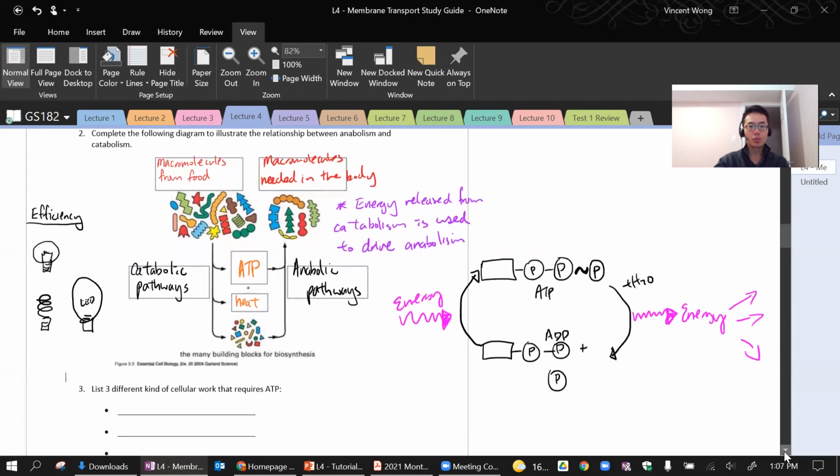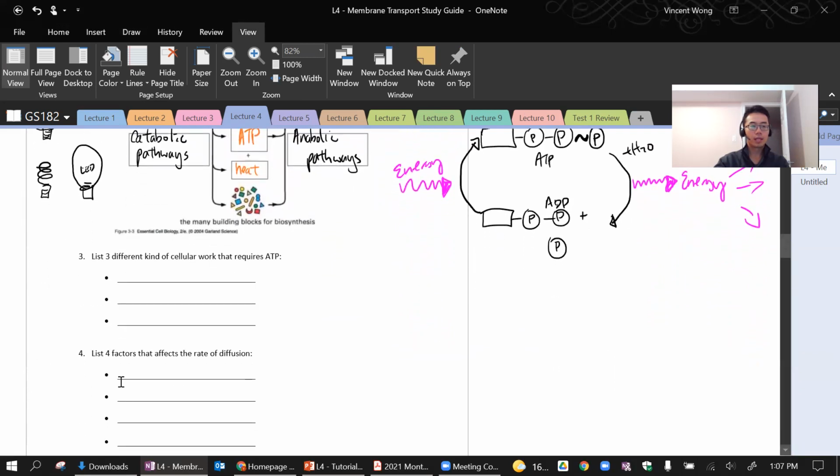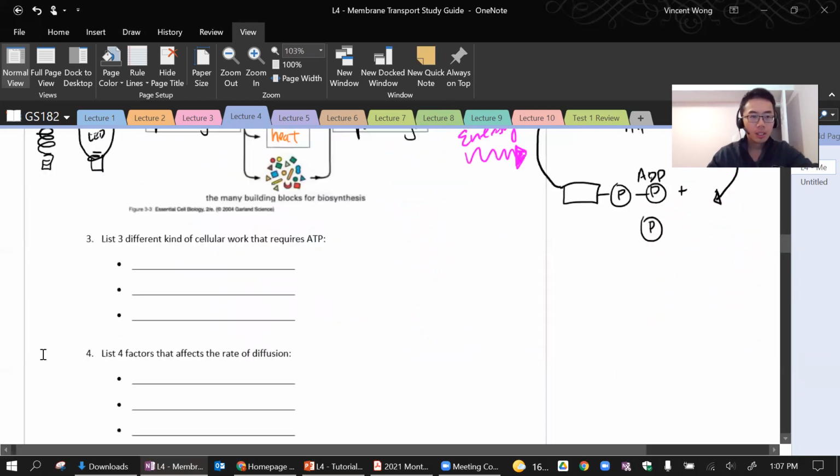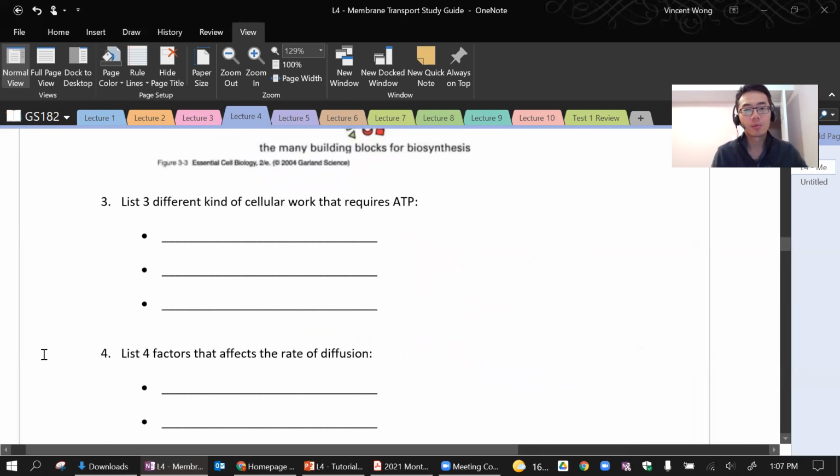So what do we use the energy for? 3 different kinds of cellular work that require ATP. Well, we can use the ATP to power things like mechanical work. So what's mechanical work?